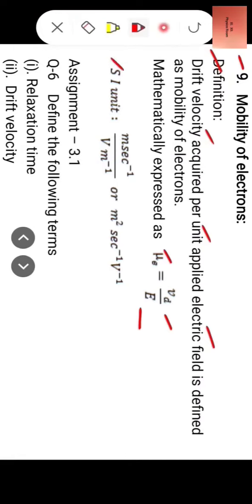SI unit: for drift velocity we have meter per second, and for electric field we have volt per meter. On simplification we have meter square per second per volt. Therefore, SI unit of mobility is meter square per second per volt.